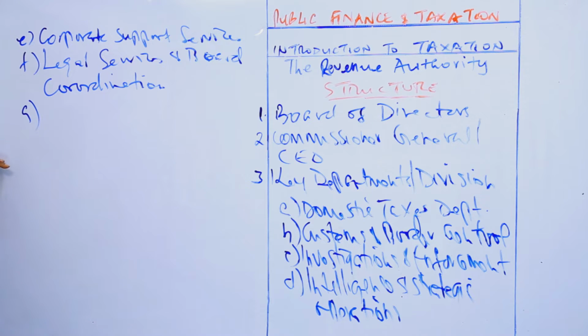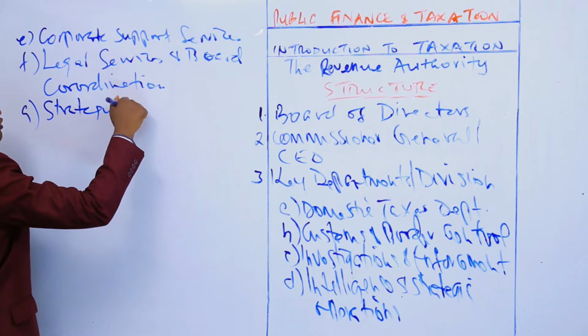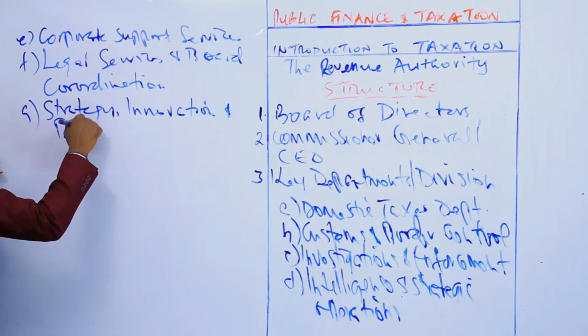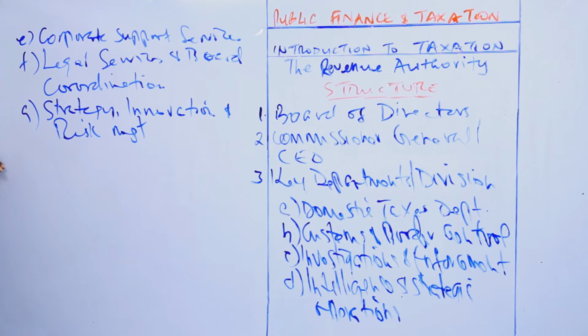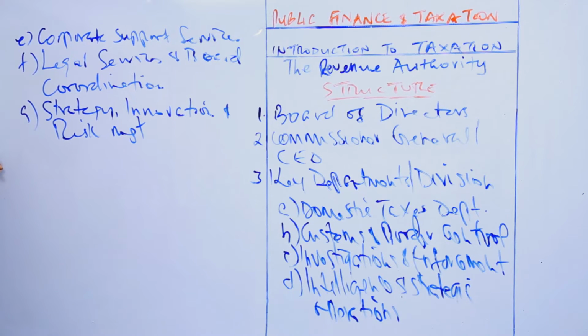Moving on, the next department is what we call Strategy, Innovation and Risk Management, a department that drives strategic planning, innovation, and risk management initiatives.